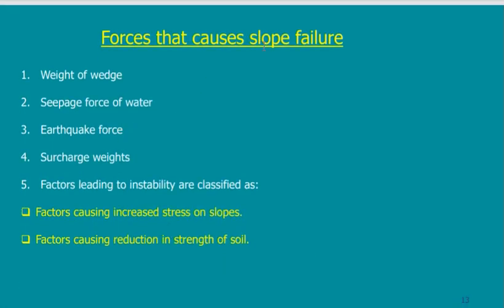What are the forces causing failure? Weight of the wedge, seepage force of water, earthquake, surcharge. So these are the four main forces causing the slope to fall.